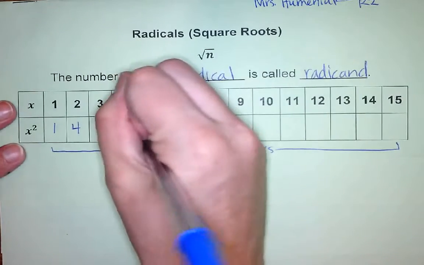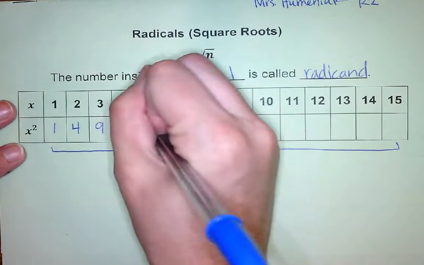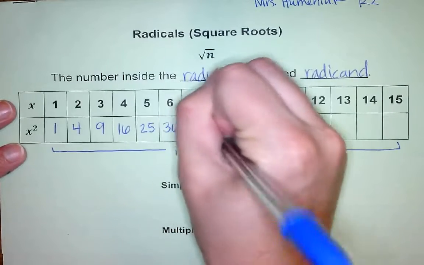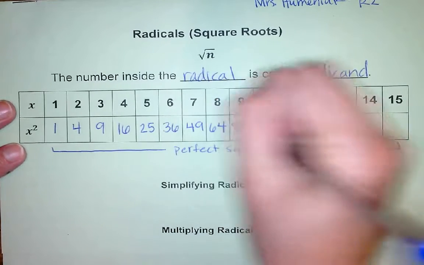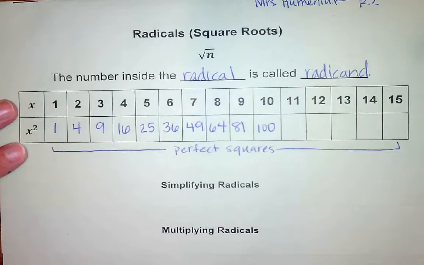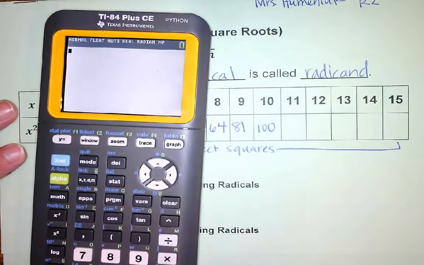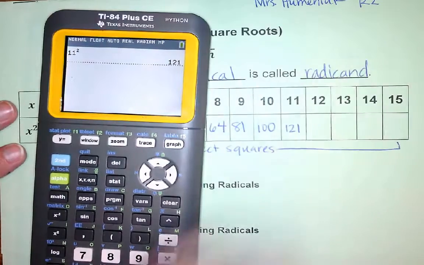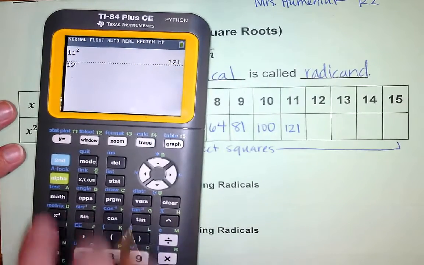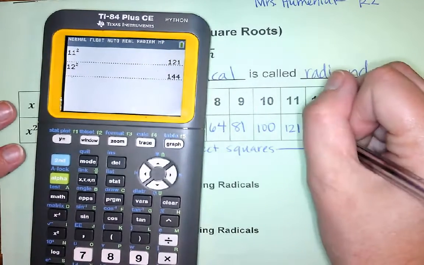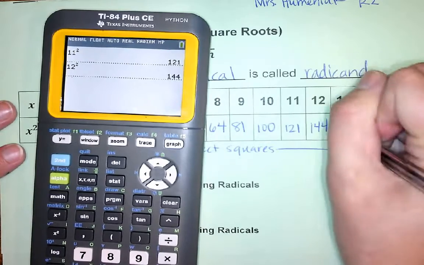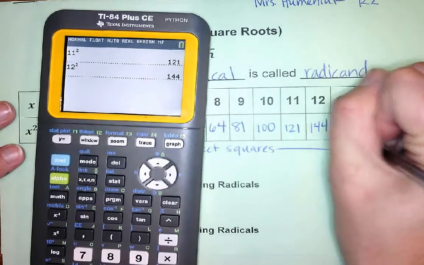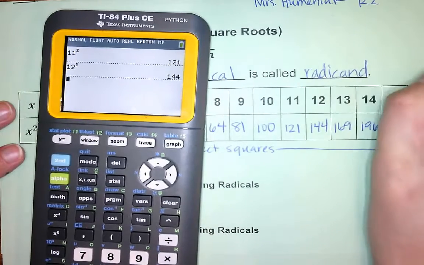Hopefully these lower numbers you will pretty much know off the top of your head. If you need a calculator as the numbers get a little bit bigger, that is okay. There's no shame in that. I know most of my perfect squares up to 20 off the top of my head.